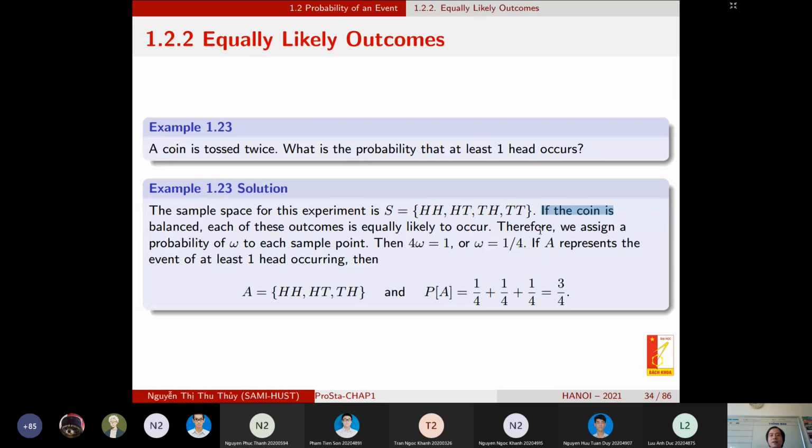So the probability of each simple event, HH or HT, is equal to 1/4. Now we consider the event A, at least one head occurs. We list it as HH, HT, and TH. So the probability of A is equal to 3/4.